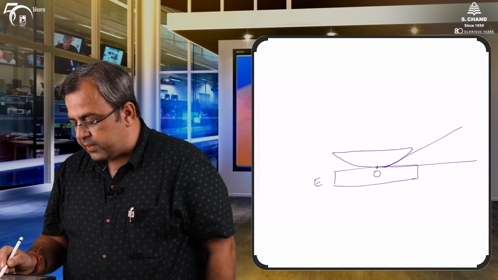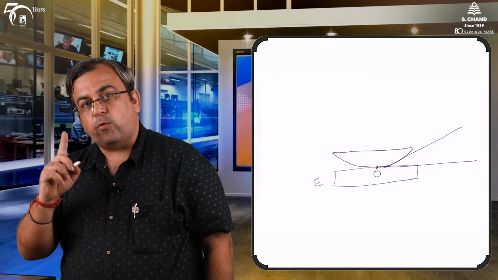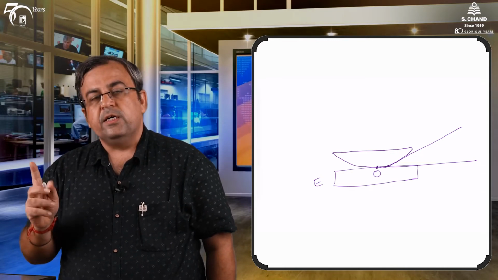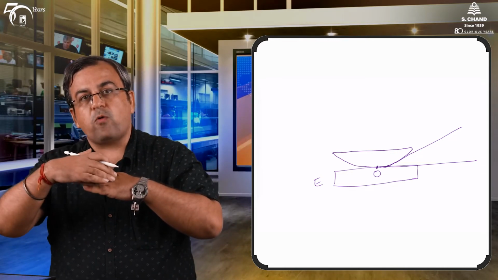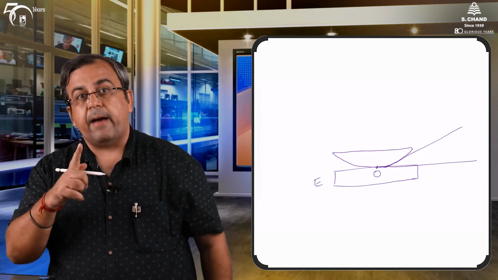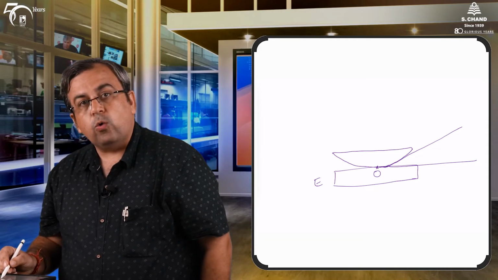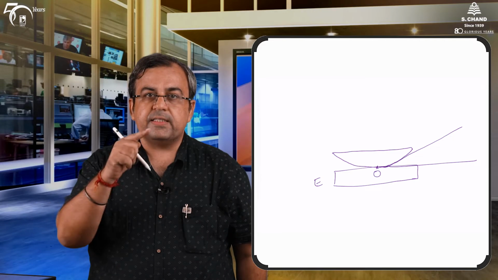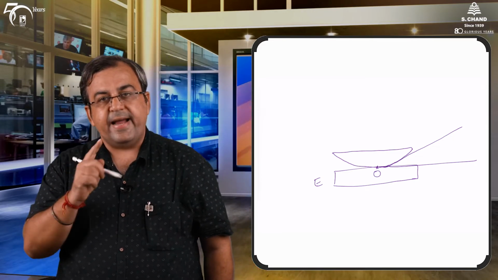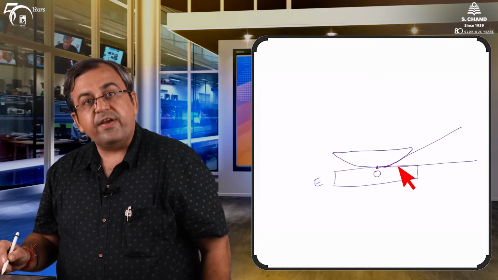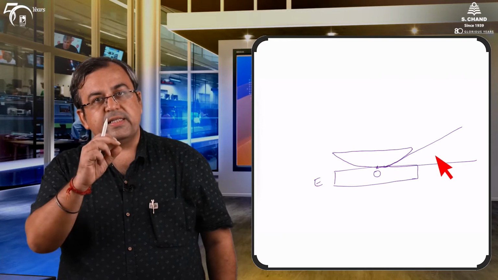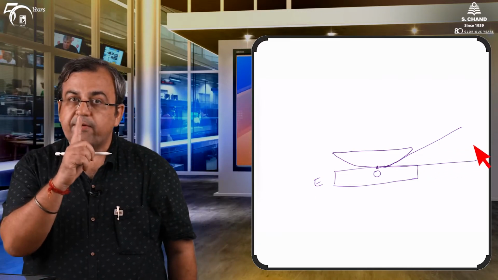Why so? Because at the point of contact, as we discussed with OP and OQ, the two surfaces have thickness 0. Similarly, it happens at this point of contact O, where the convex side is touching the glass plate, and when we go away from point O, the thickness increases. So this is a wedge-shaped film.